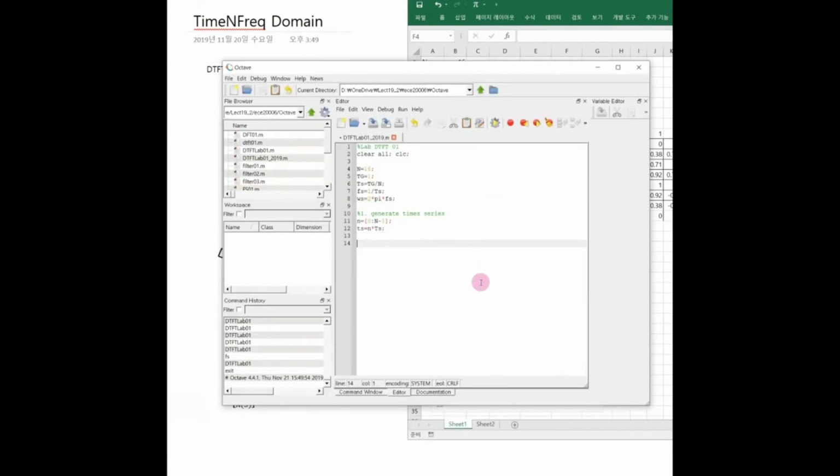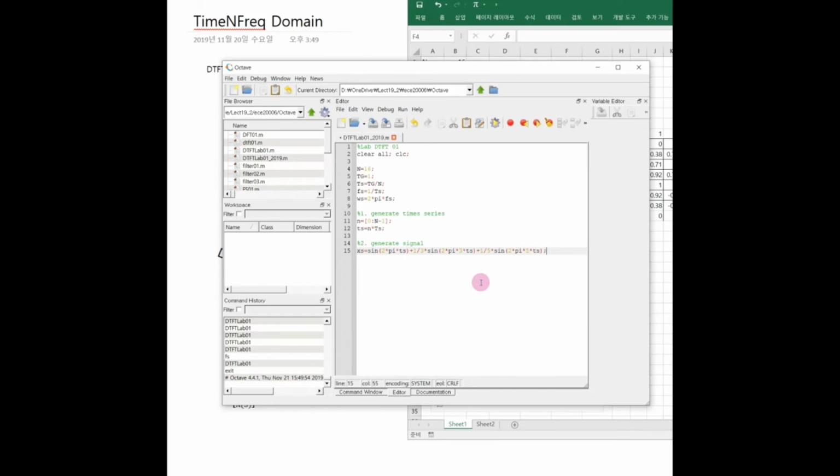And next, I would like to generate the signal. The signal can be generated here. The first one is sine of 2 times pi times the fundamental frequency component times the time series. For the third harmonic, I scaled it down by 1/3, with sine of 2 times pi times 3 Hertz times the time series. The fifth harmonic is scaled down by 1 over 5, with sine of 2 times pi times 5 Hertz times Ts.